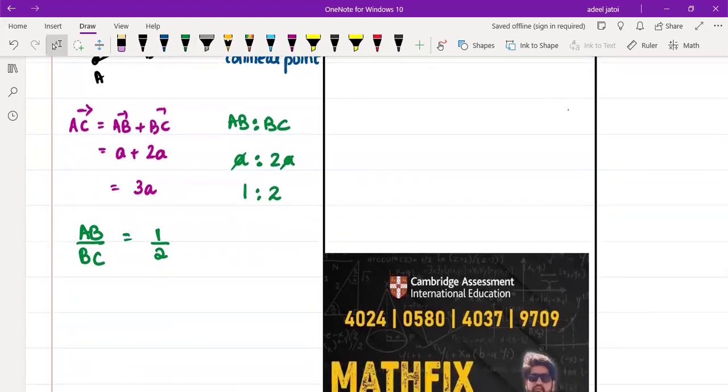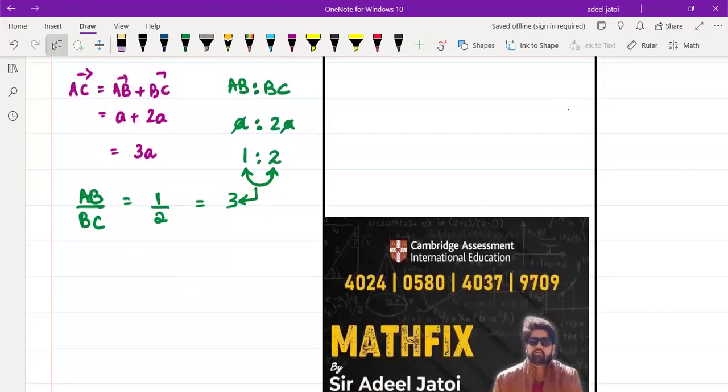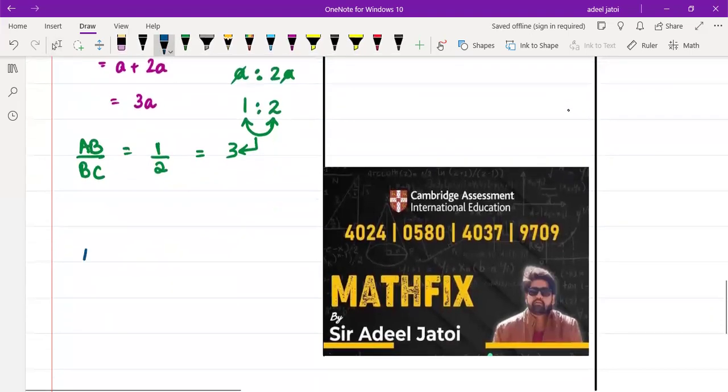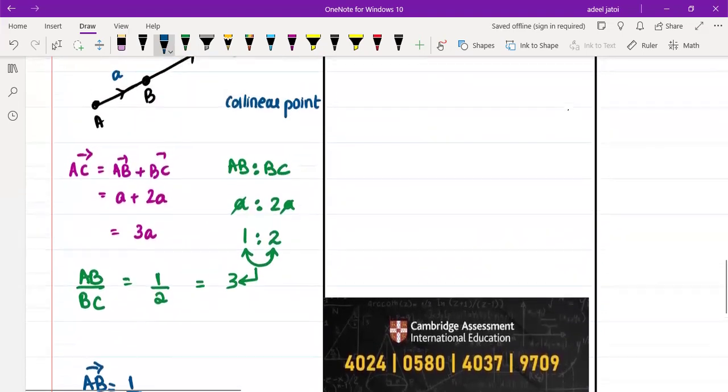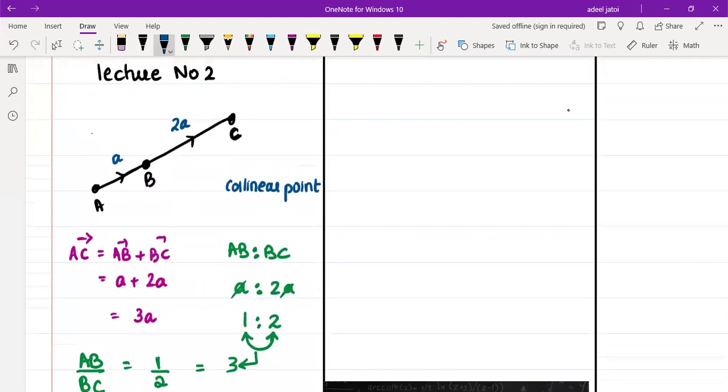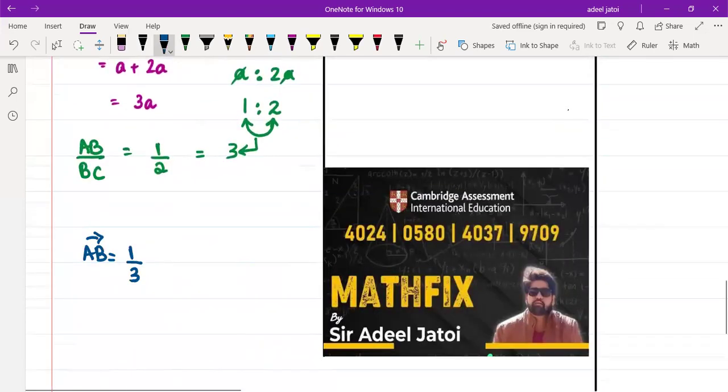Now, knowing the fact that this is 1 is to 2, but the total of the length will be 3. See, how do we get 3 when we add these two? 1 plus 2 becomes 3. So that means that if I want to find out AB, I know the ratio of AB is 1 upon 3 of the entire AC.